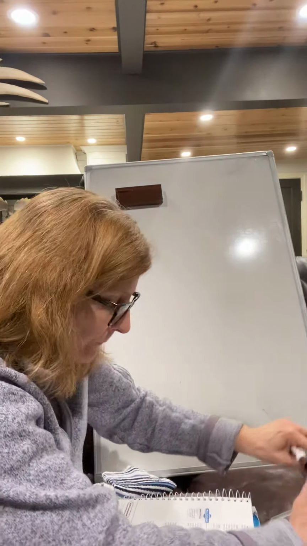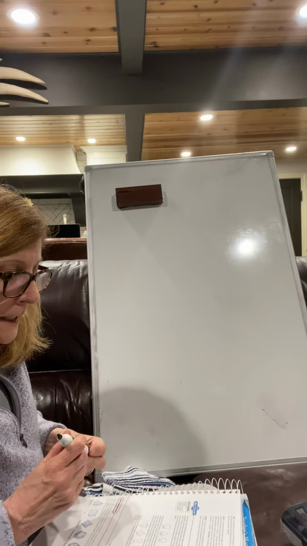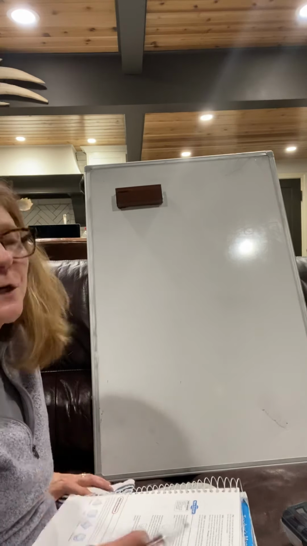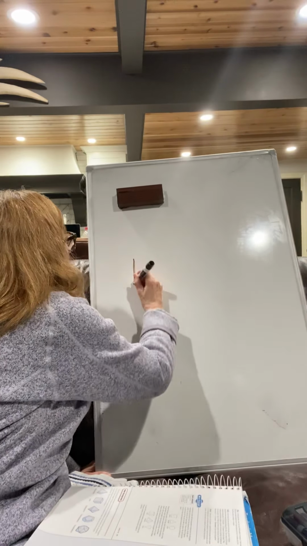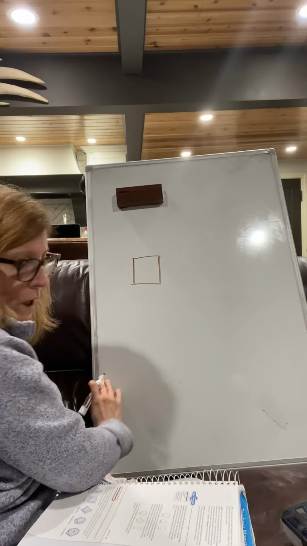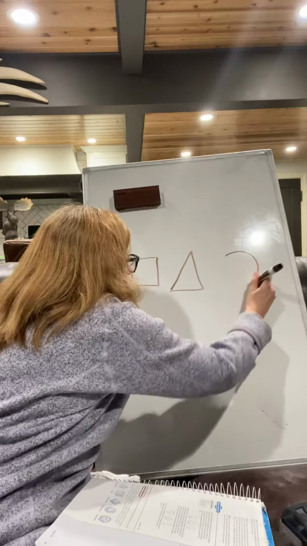One of the things that we have been studying are, you'll recall in lesson 98, we talked about geometric shapes. And we talked about a square, and we've talked about a triangle, and we've talked about a circle.